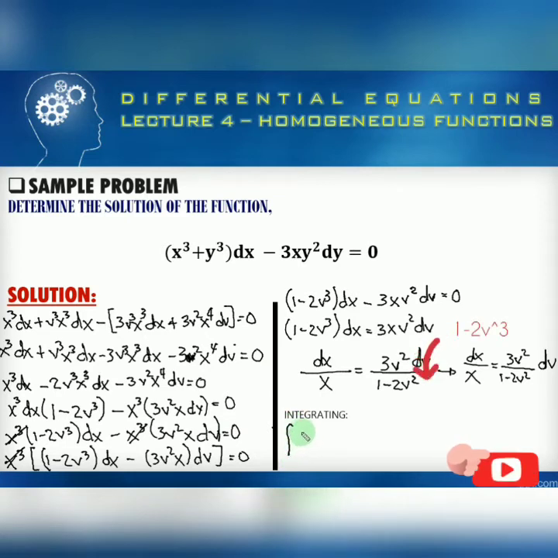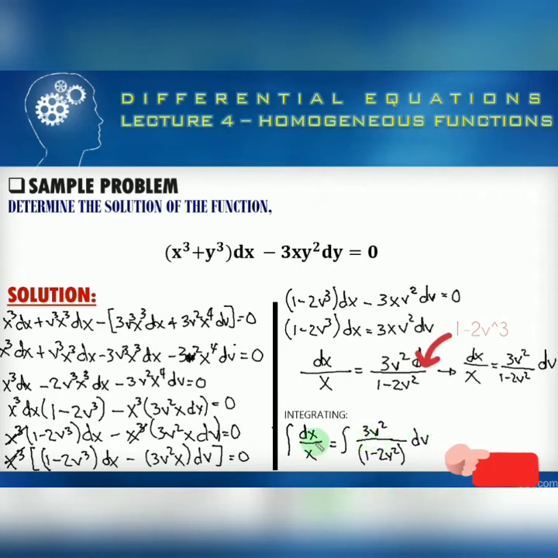So we have here the integral of dx over x is equal now to the integral of 3b squared over this 1 minus 2b squared db.